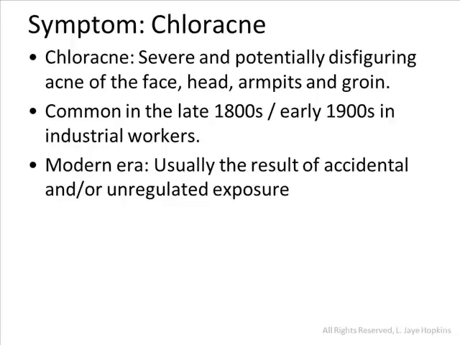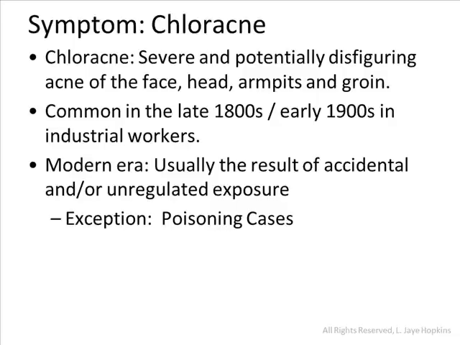However, in the event of an industrial accident, or when these chemicals are used in unregulated settings, then chloracne still exists. There's one other place, however, that we run into chloracne, and it's when dioxins and other polyhalogenated aromatic compounds are used maliciously to poison people.